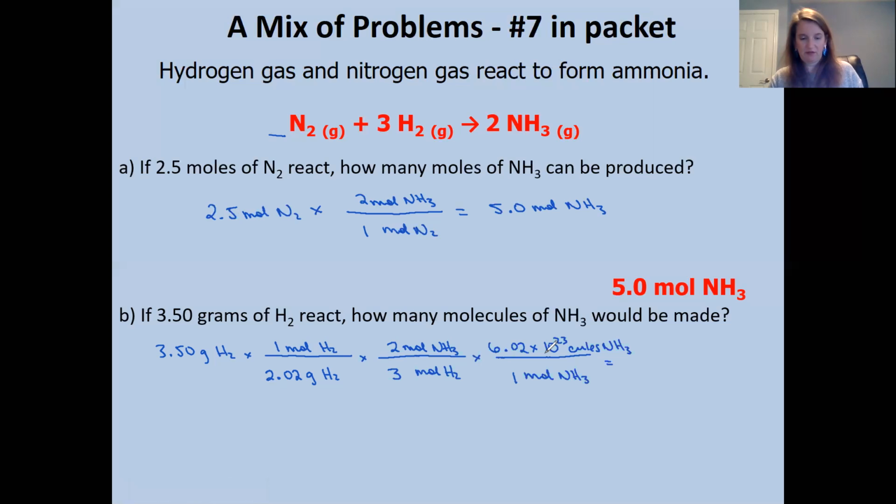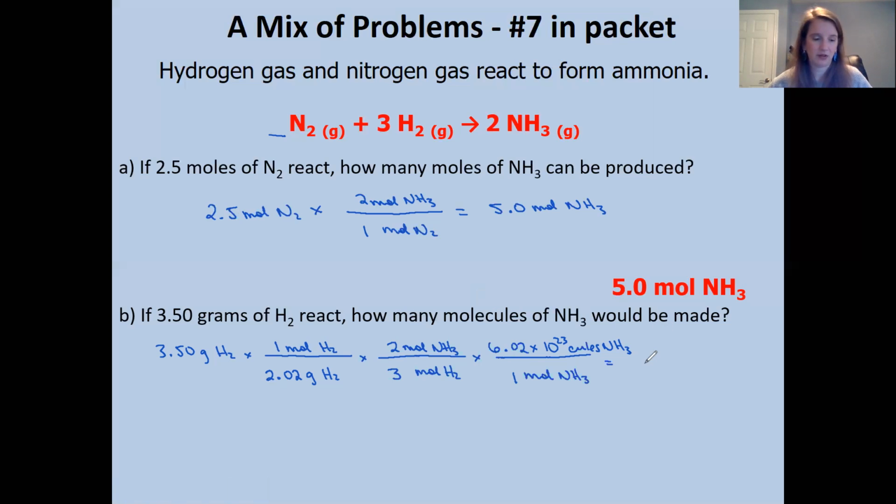I'm going to have 3.5 divided by 2.02 because it's in the bottom, times 2, it's in the top, divided by 3 because it's in the bottom, times 6.02 E 23. I get 3 sig figs because of 3.50.